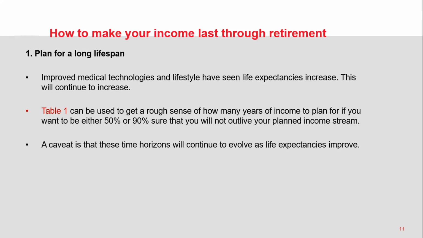This is going to continue as long as there are improvements to our health and medical industries. It also means that we need to rethink how long we need a retirement income for. If you look at table one, which I'll show on the next slide, it shows how many years of income to plan for to be either 50% or 90% sure that you're not going to outlive your income stream.